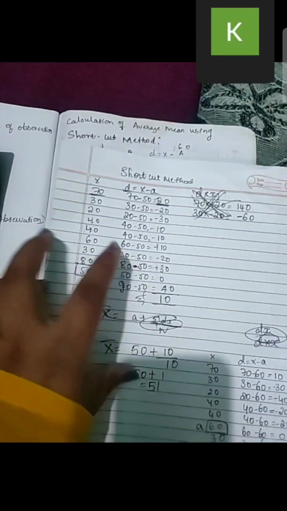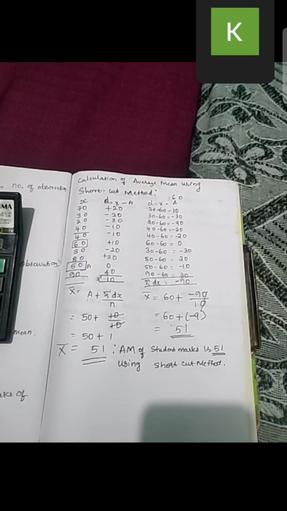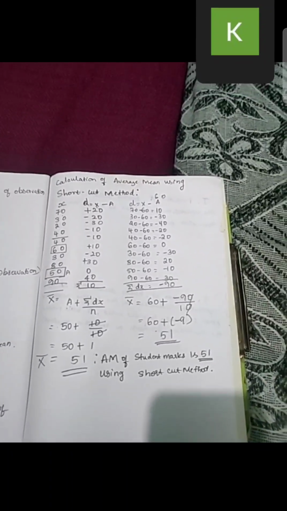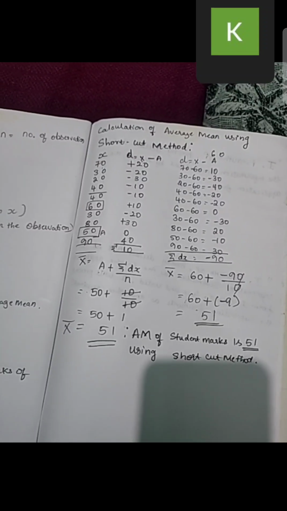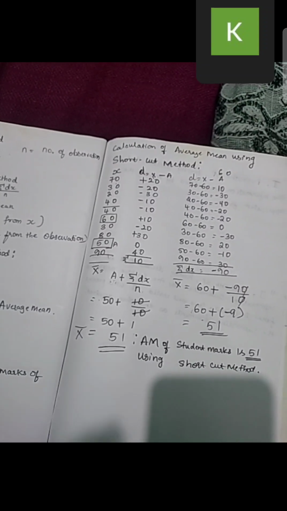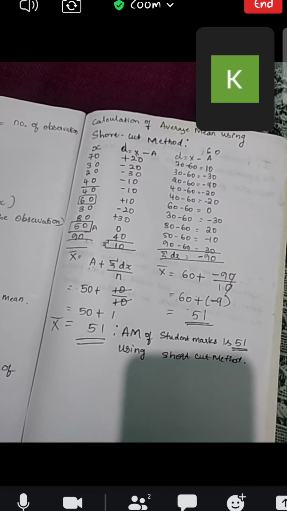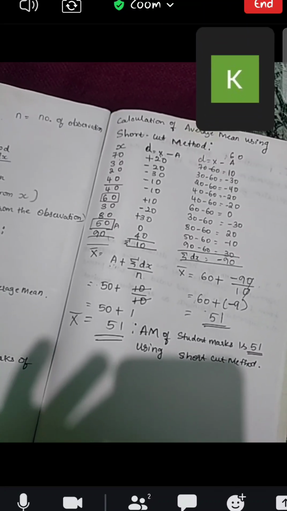You will get 51. That is what average mean is. You understood? The next step is step deviation. If you are clear with this, then it will be easy for you to understand. You just give a try and let me know if you have any doubts.